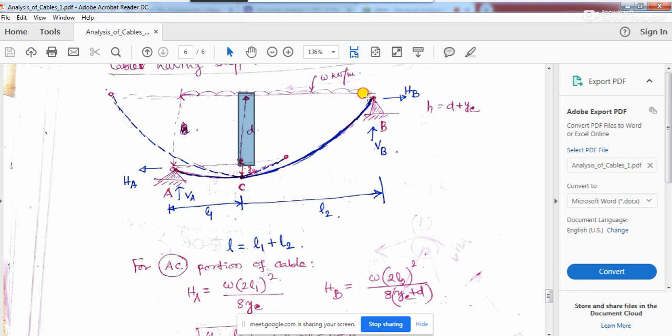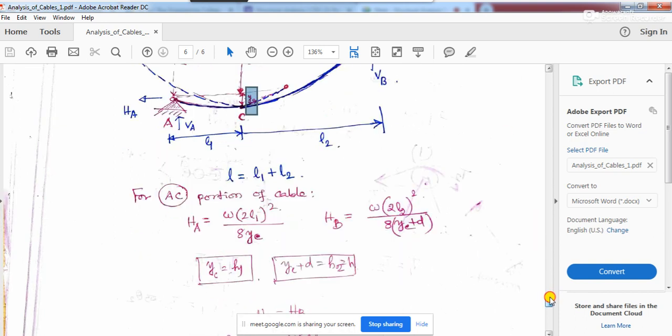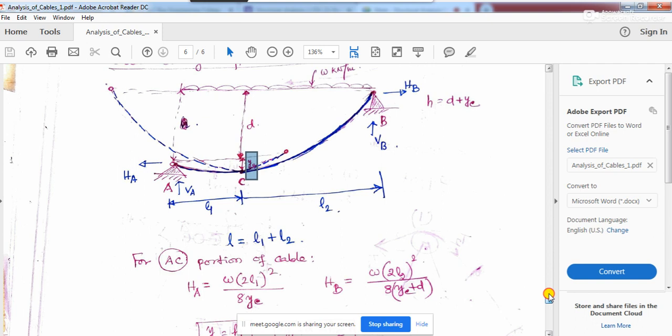So for the upper support, the dip of the cable up to this C will be d plus this yc, and for the lowermost support, or this portion of the cable, the dip will be small yc.